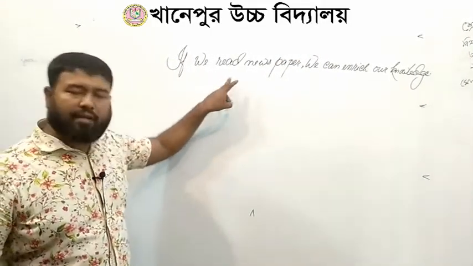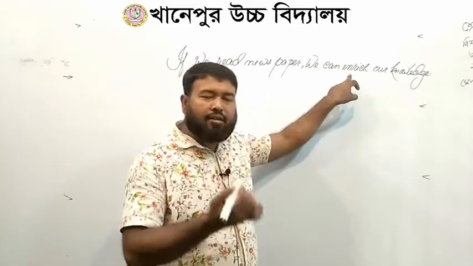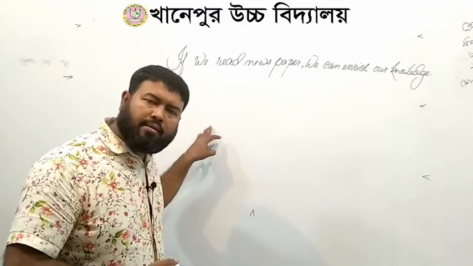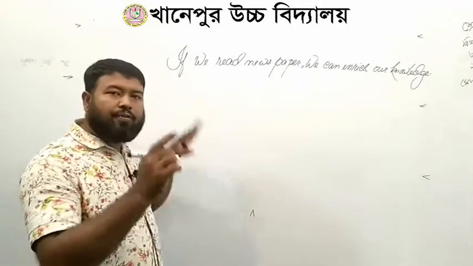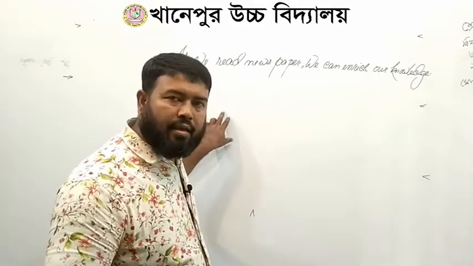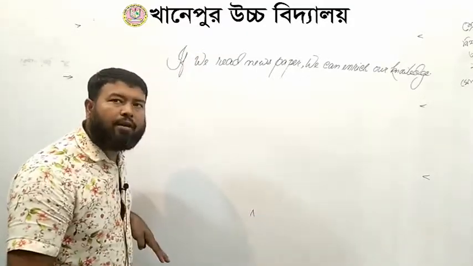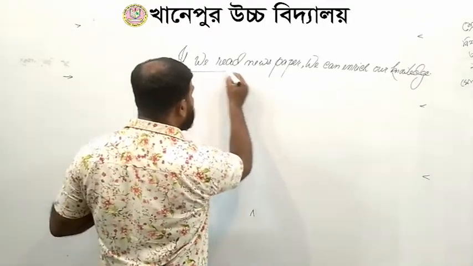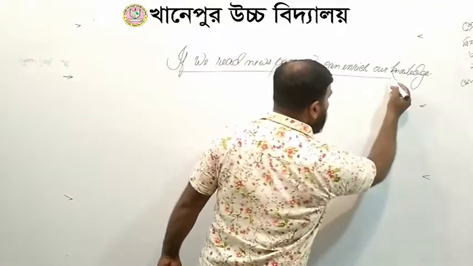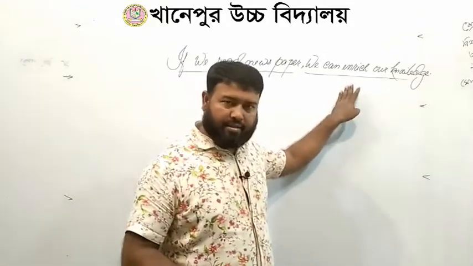If we read newspaper, we can enrich our knowledge. Just follow the sentence. There are two verbs. How many verbs are in this sentence? In this sentence, you find there are two parts. One is, if we read newspaper, and the other is, we can enrich our knowledge. Here is a part and here is a part.